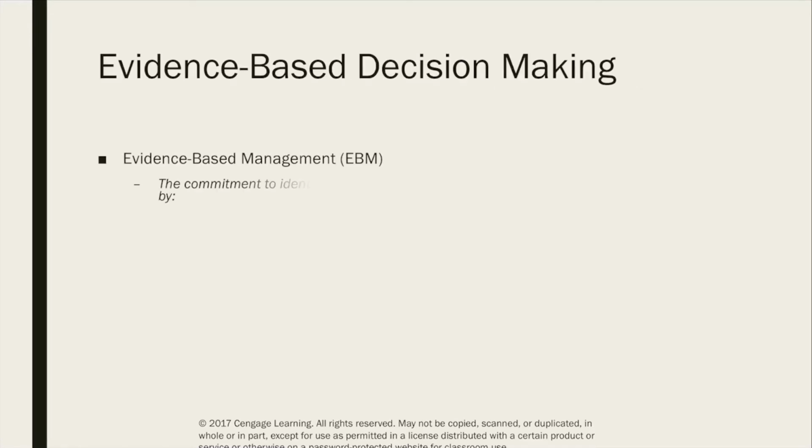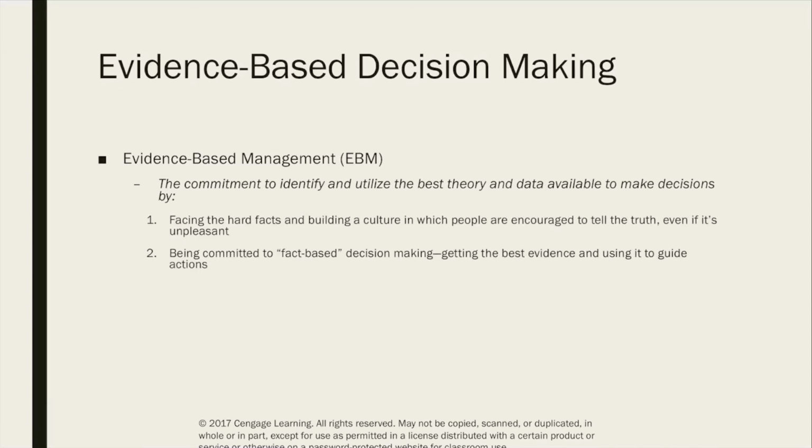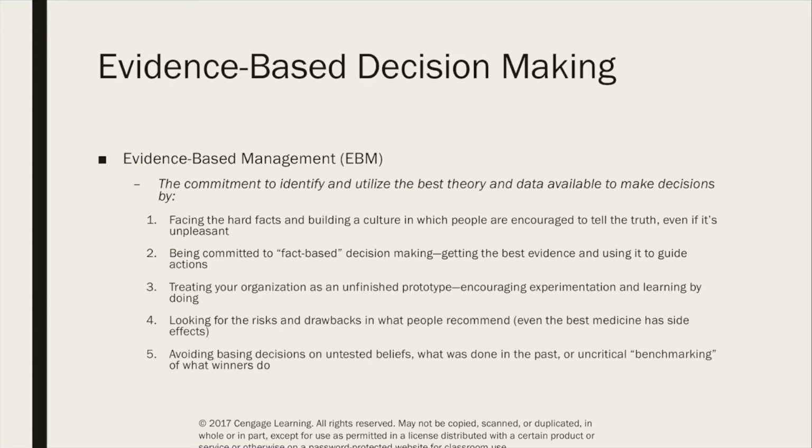Now, there's another model that we talked about, or I just mentioned a while ago, that is based on evidence decision making. This is where you may not be able to come across with just a logical approach. You may have to just do what you can do based on the information that you have. And this is evidence-based management.